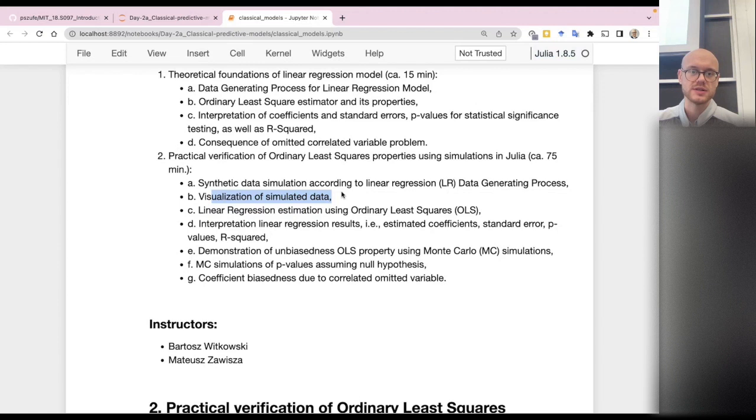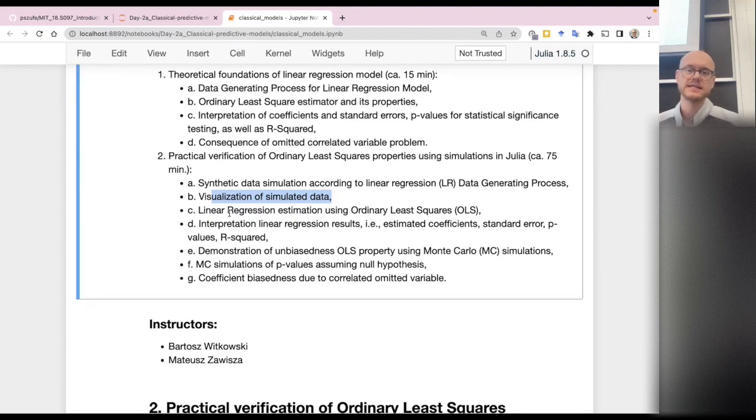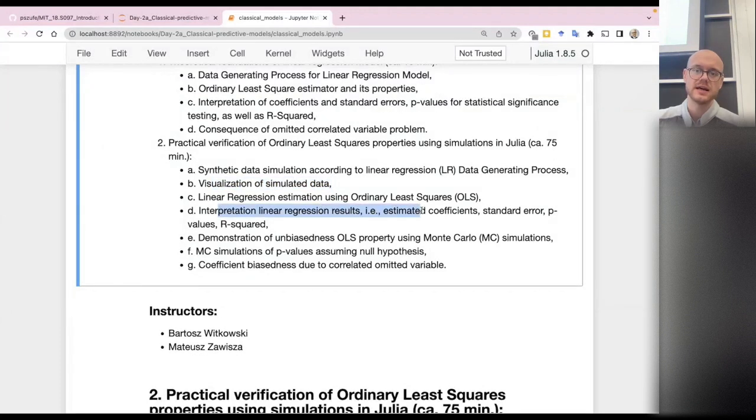Then we are going to visualize this data and run a single estimation of least squares on a single data set. We will get results including coefficients, standard errors, p-values, and r-squared that we are going to interpret.